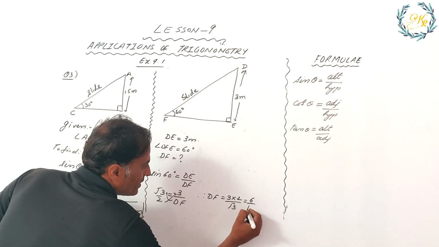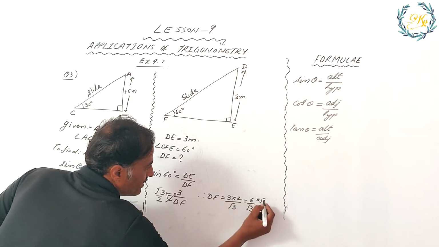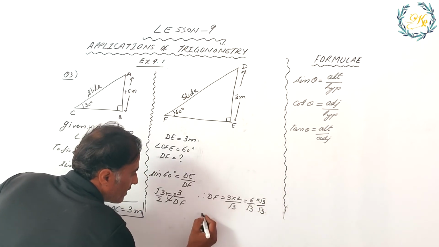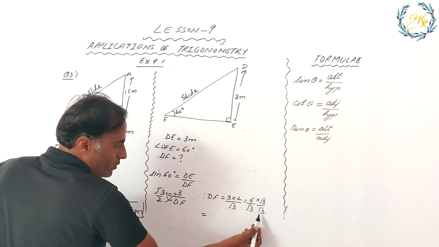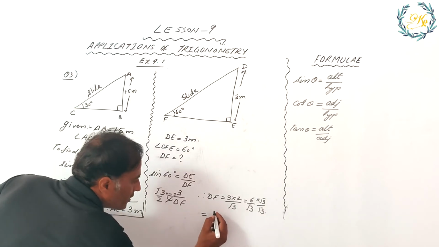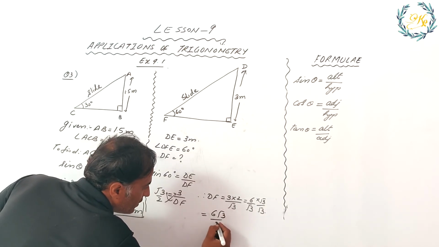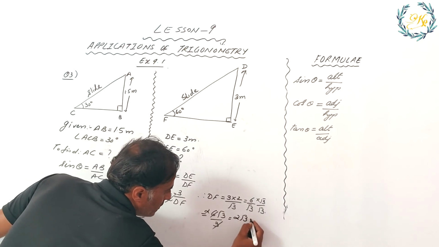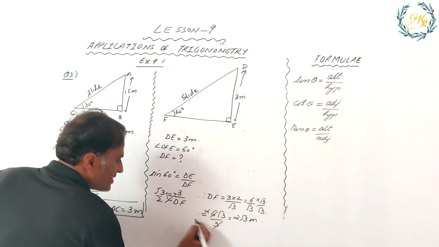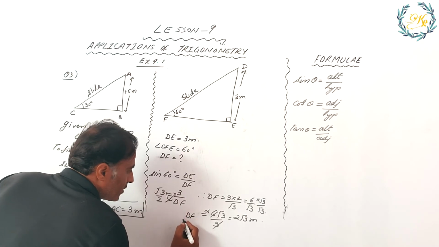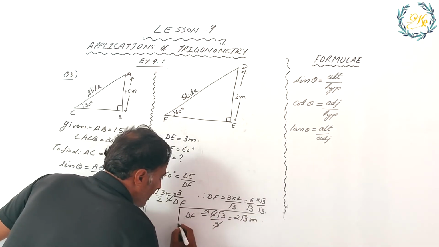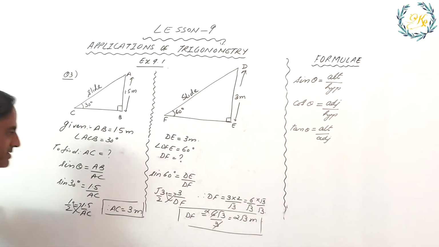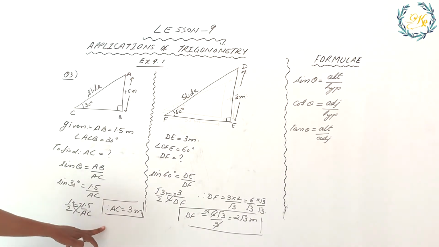So you get 6 by root 3, and rationalizing it further, multiplying numerator and denominator by root 3, you get 6 root 3 upon 3. On cancellation, you get 2 root 3 meters. So this is the length of the longer slide, and for the smaller slide the length is 3 meters.